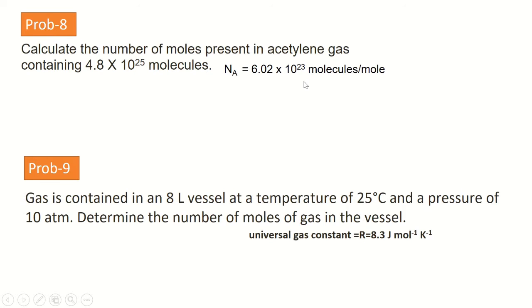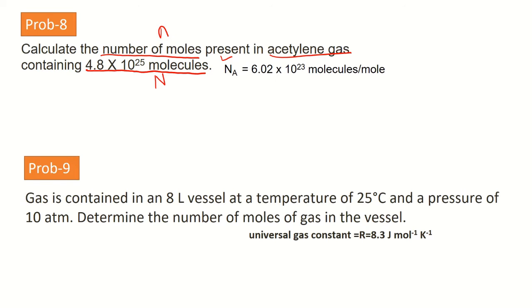So in this question you have to calculate the number of moles, so it means the small n you have to calculate in this acetylene gas containing 4.8 into 10 to the power 25 molecules.